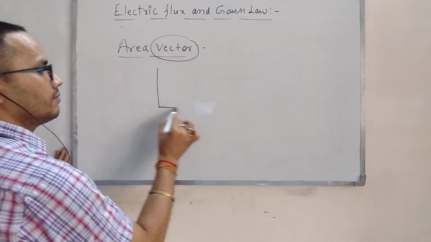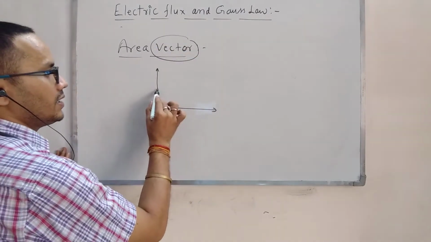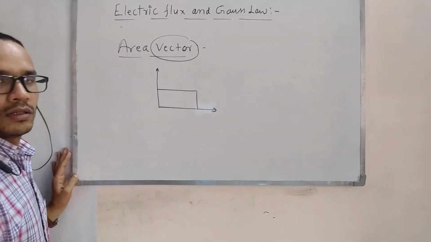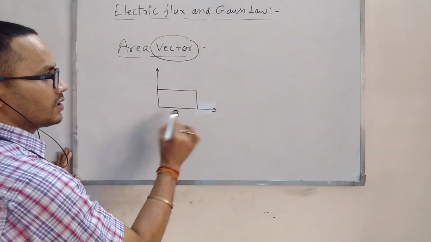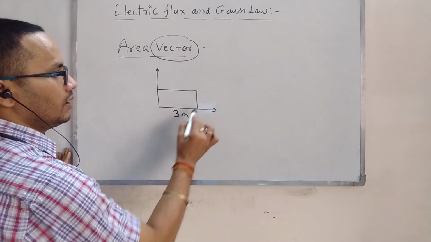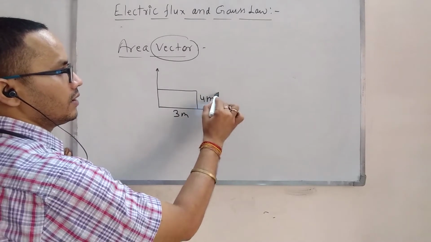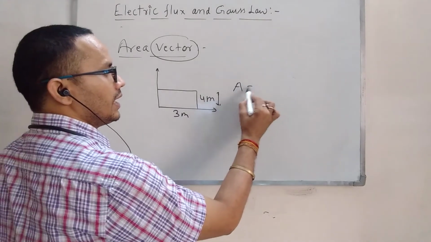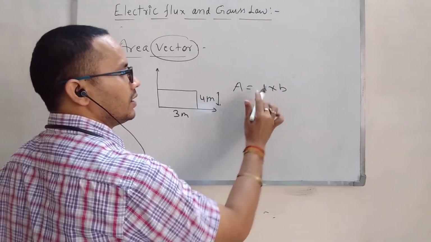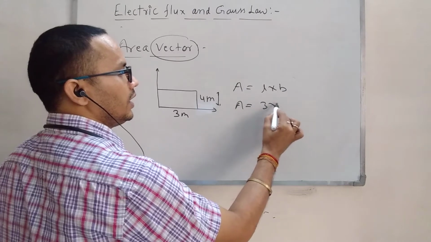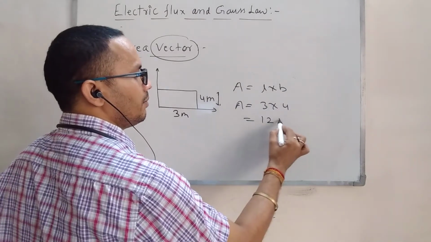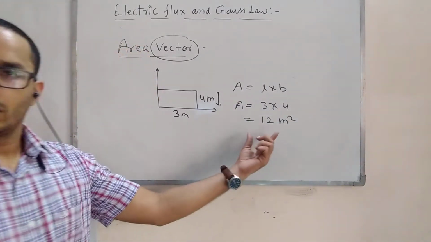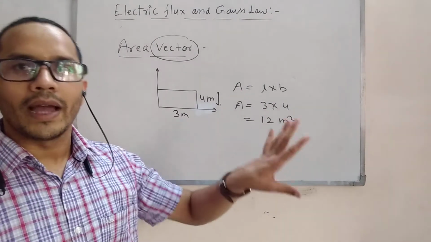If this is a rectangle of size 3 meter by 4 meter, then what is its area? You will say area is length into breadth, 3 into 4, which is 12 meter square. Clear? So this is only the magnitude.